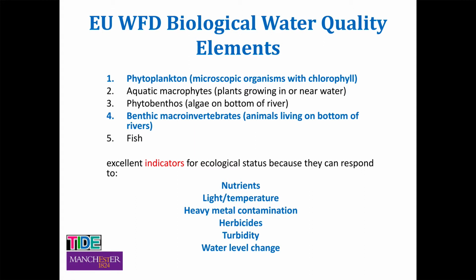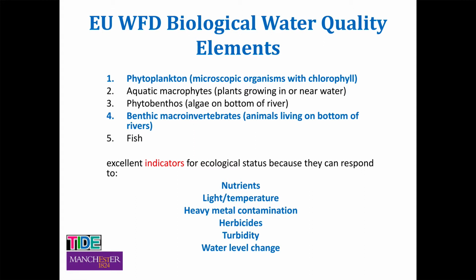Thirdly, phytobenthos, which are algae living on the bottom of a river. Benthos means bottom. Number 4, benthic macroinvertebrates, which are animals living on the bottom of rivers.